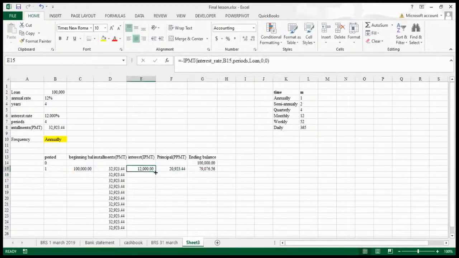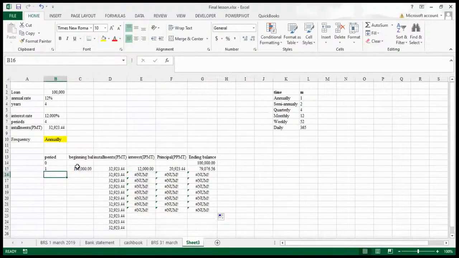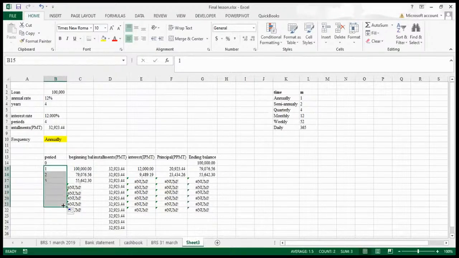So when I try to autofill these formulas down here, that's what we are getting. And then let's now have this one also autofilled up to here. And let's have period 2 written down there up to, let's just make it to this part.